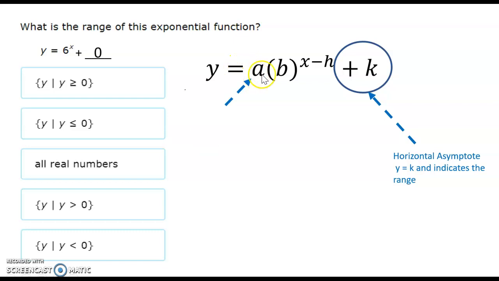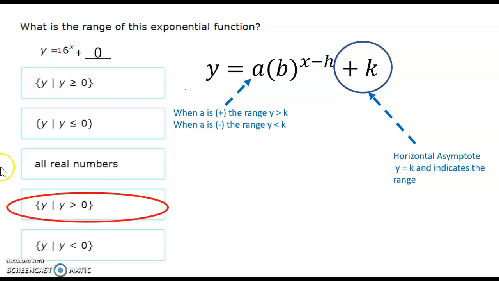And then the a value of the exponential function, which is the value in front of 6, indicates whether our range should be greater than the k value or less than the k value. Since my a value happens to be 1 and positive, I know that I should choose y such that y is greater than 0.